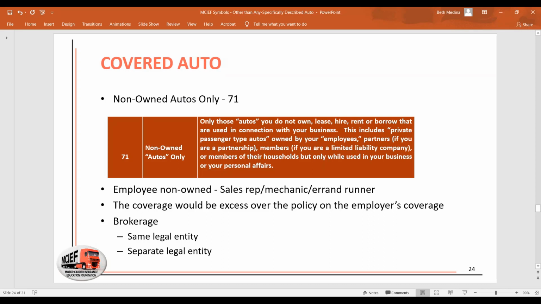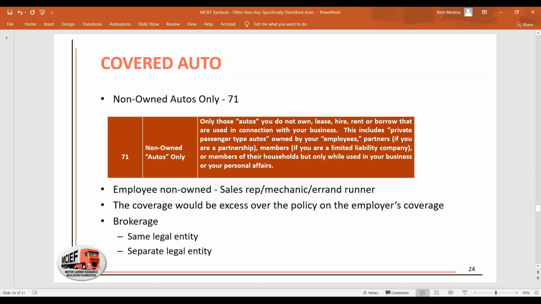Non-owned autos: only those autos you hire, lease, rent, or borrow that are used in connection with your business. These include private passenger type autos owned by your employees, partners if you are a partnership, members if you are an LLC, or members of their household, but only when used in your business as a personal auto.